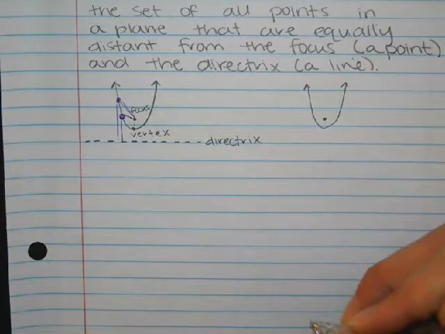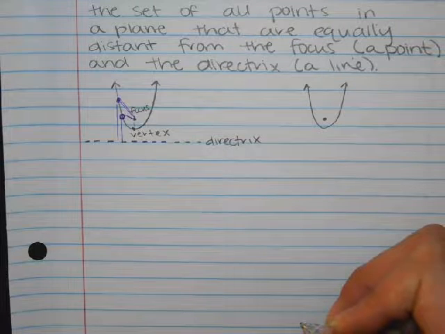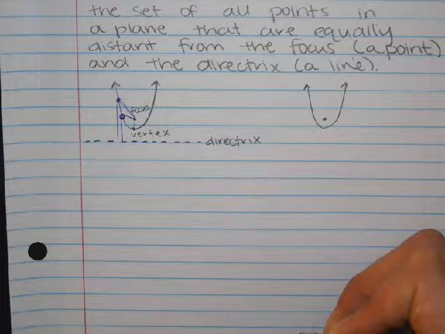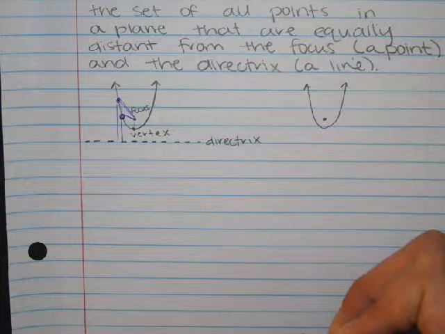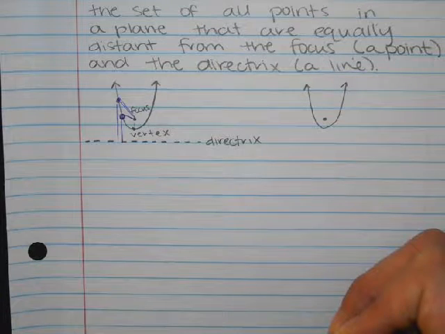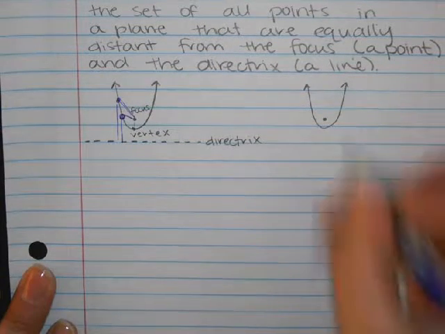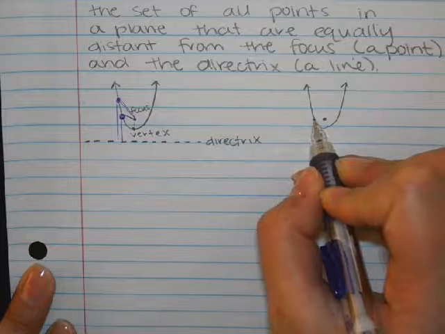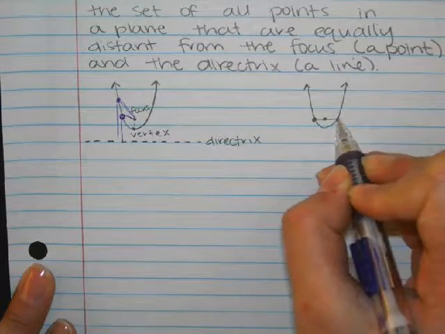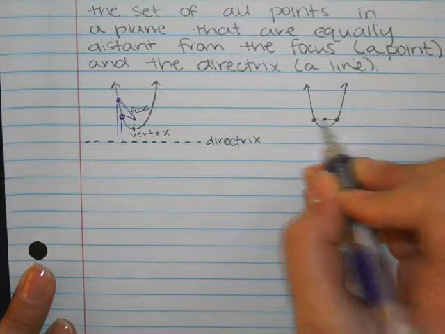And when we draw these for conic sections, they will sometimes give you an intercept to draw, but most often not. So if we want to draw a parabola, we need more than just one point to draw a U-shaped graph. So the way that we get the other points is we draw this line. It goes straight through the focus. And then these are the points that we're going to draw as the end points of this.